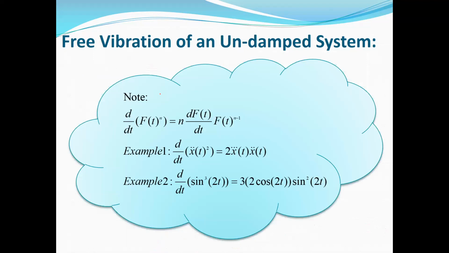One note which is related to the mathematics, as you may need to calculate derivatives, is that the derivative of a function f(t) to the power of n is equal to n times the derivative of f(t) with respect to time times f(t) to the power of n minus 1.